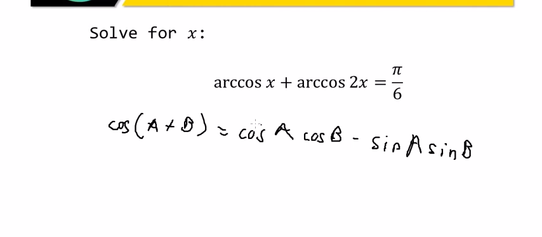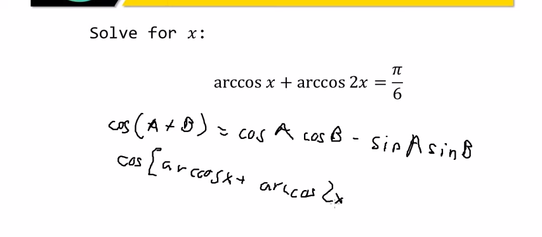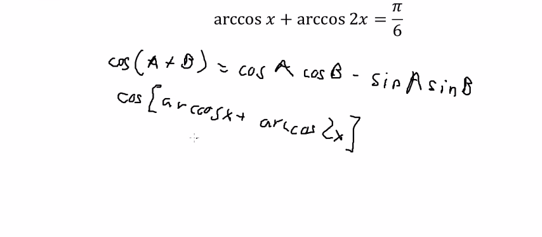So in this situation we will use cosine for a cosine x plus a cosine 2x. So in this situation, for cosine of a cosine x, you get x, and for cosine of a cosine 2x, you get 2x, and we have negative.